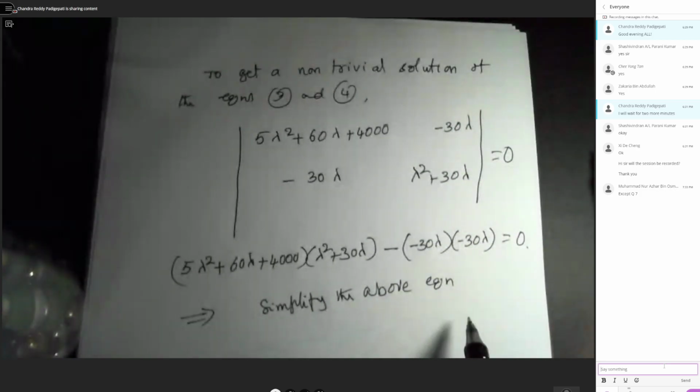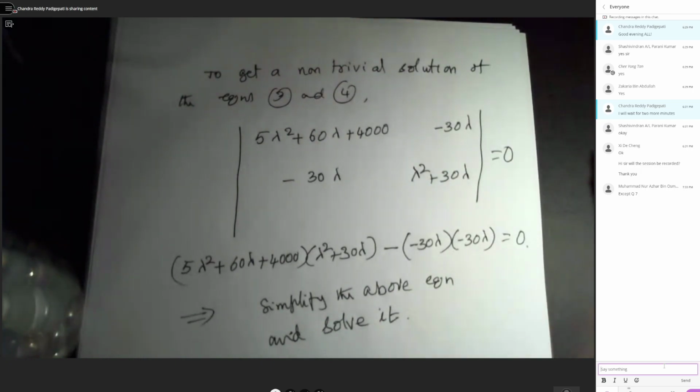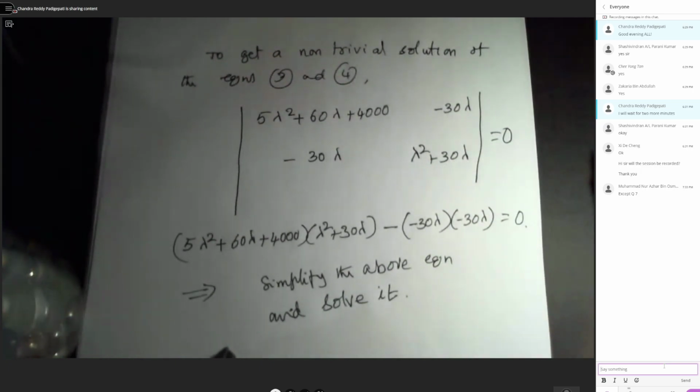So you get a fourth order equation, and solve it. Okay, so you may get a fourth order equation.